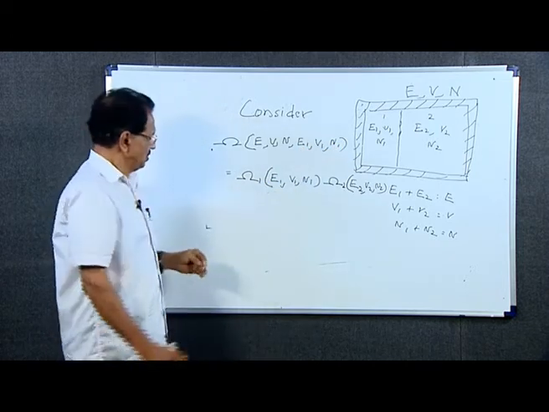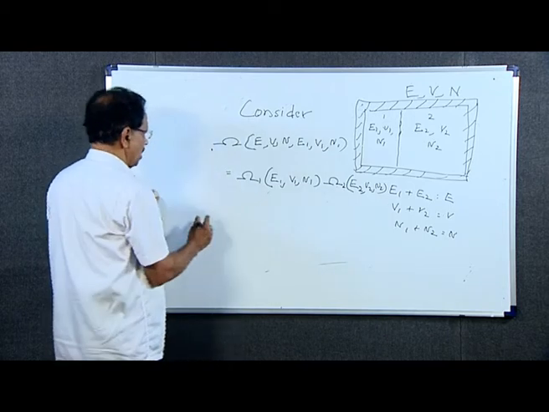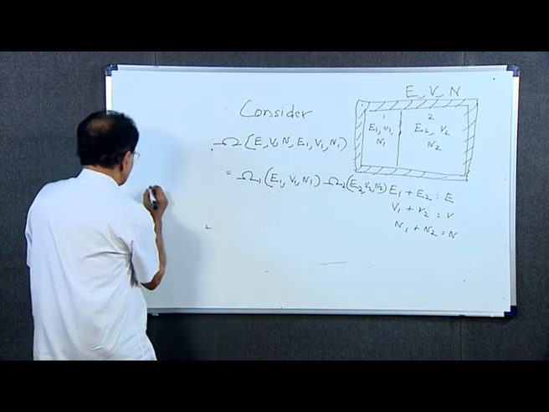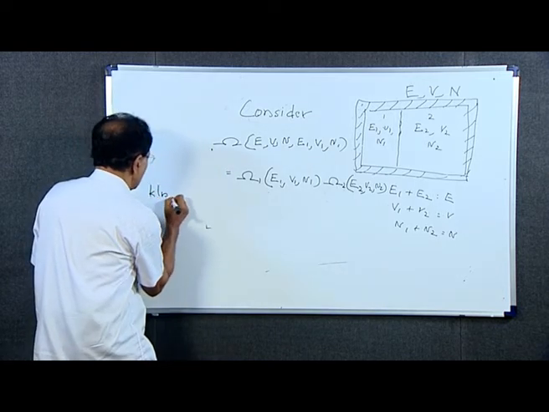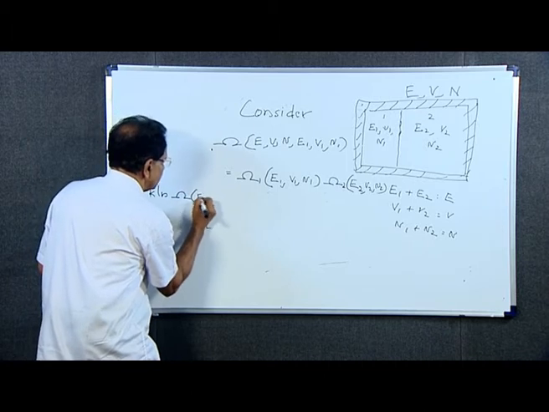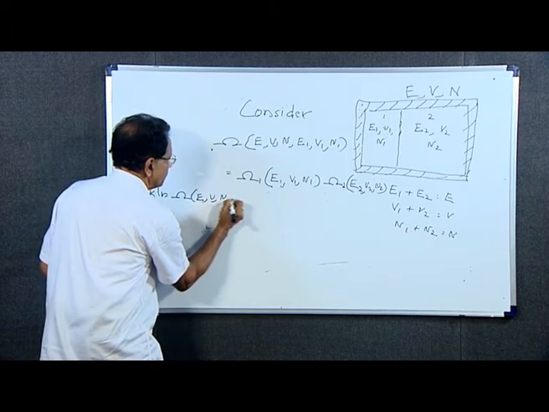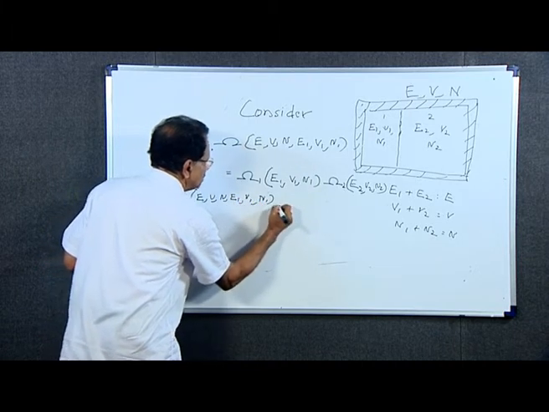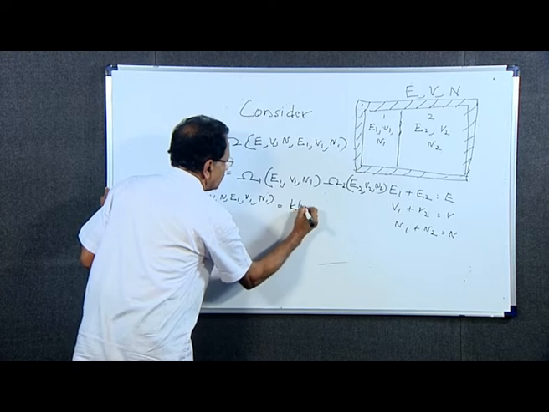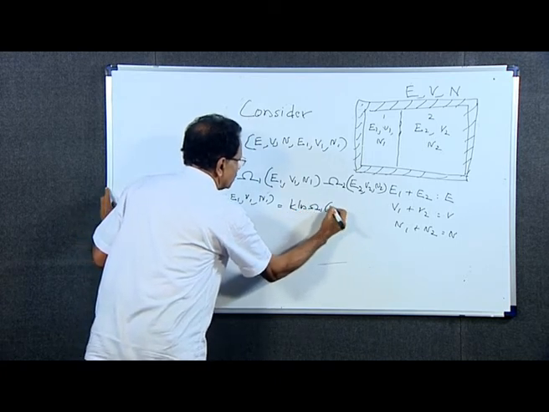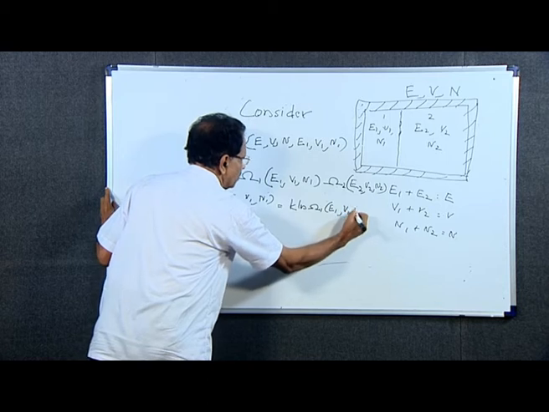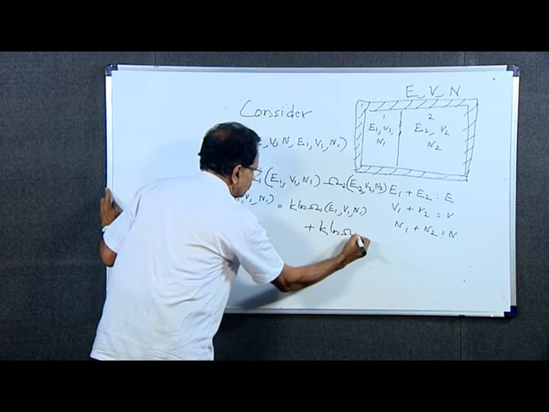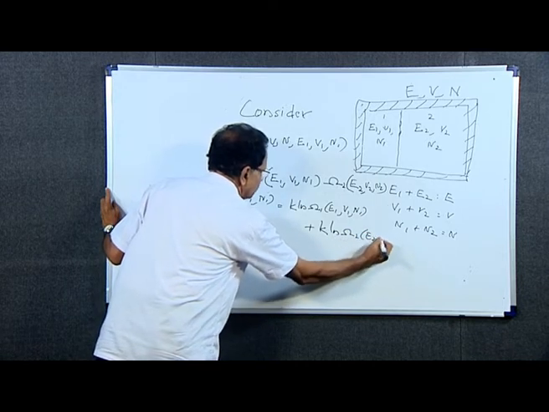According to Boltzmann's definition, S is equal to k log omega. So taking logarithm and multiplying by k, the left hand side k log omega of E, V, N, E1, V1, N1 equals k log omega 1 of E1, V1, N1 plus k log omega 2 of E2, V2, N2.